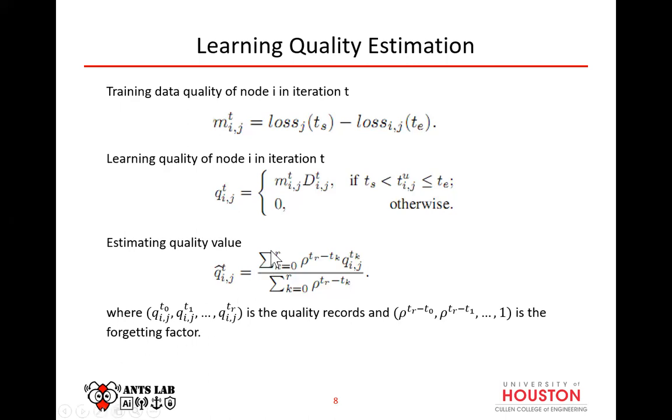The learning quality of one node may change with time, and the recent quality records are more informative than the stale quality records. So here we use an exponential forgetting function to weigh the quality records according to their freshness. Here Q is the quality records, and this parameter is the forgetting factor.